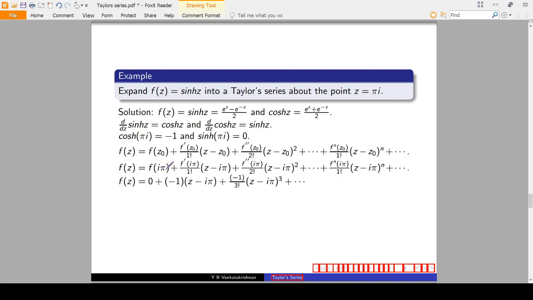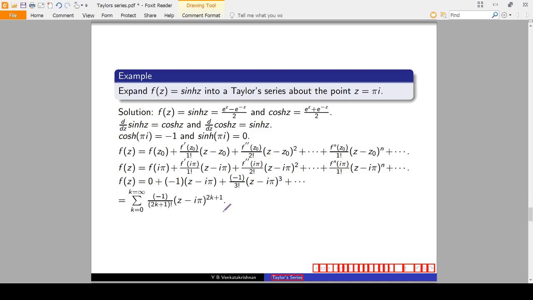So f of i pi will be sin h i pi, which will be 0. And when I differentiate sin h z, I will have cos h z. And we know that cos h pi i is minus 1. I have suitably written the values of f dash of i pi, f double dash of pi i, and so on, to give an expansion of f of z about the point z is equal to pi i.